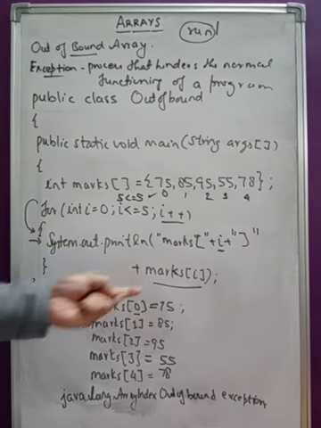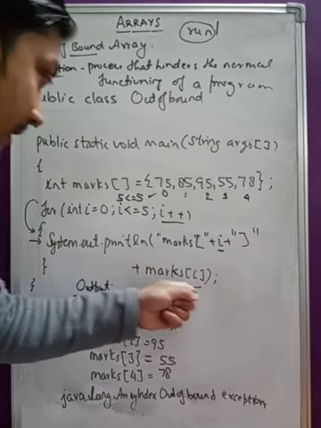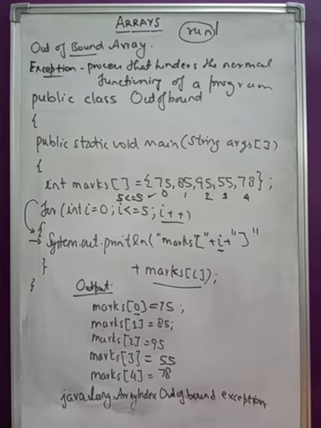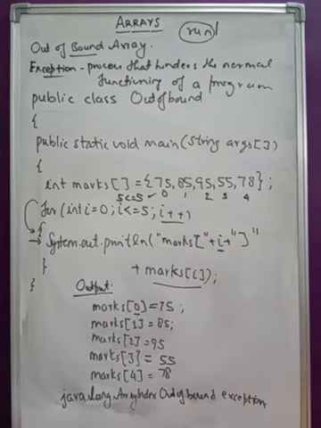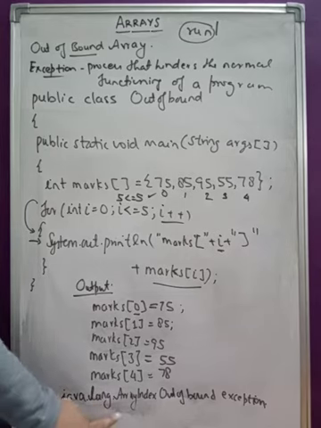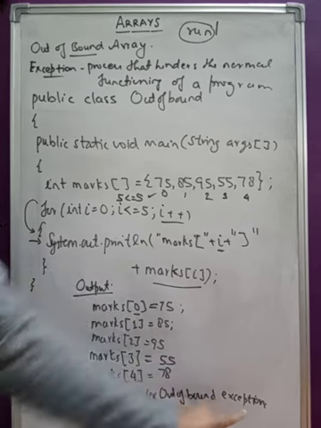This is because in marks[i] we are searching for index number 5, and index number 5 is not present in this array. Since the array doesn't have that index, it will throw an exception, that is java.lang.ArrayIndexOutOfBoundsException.